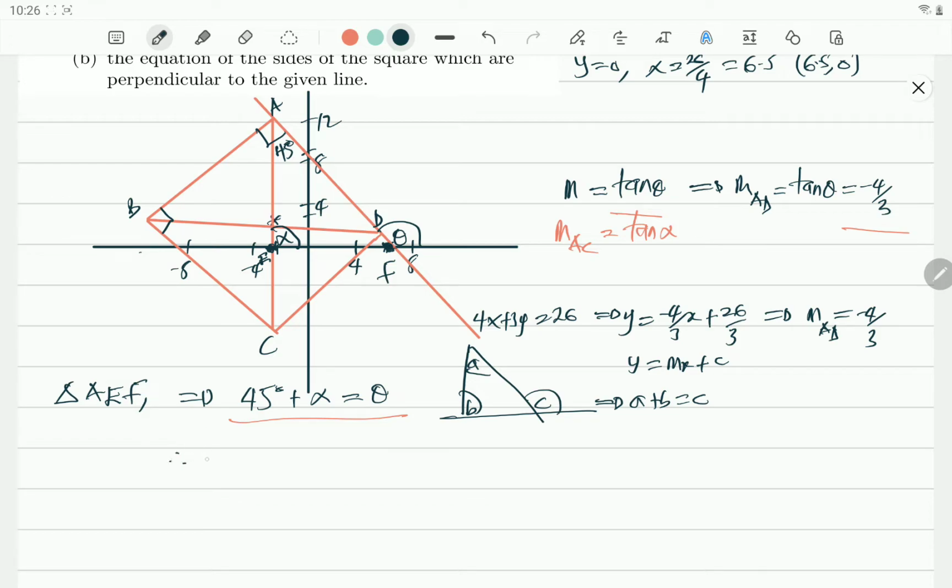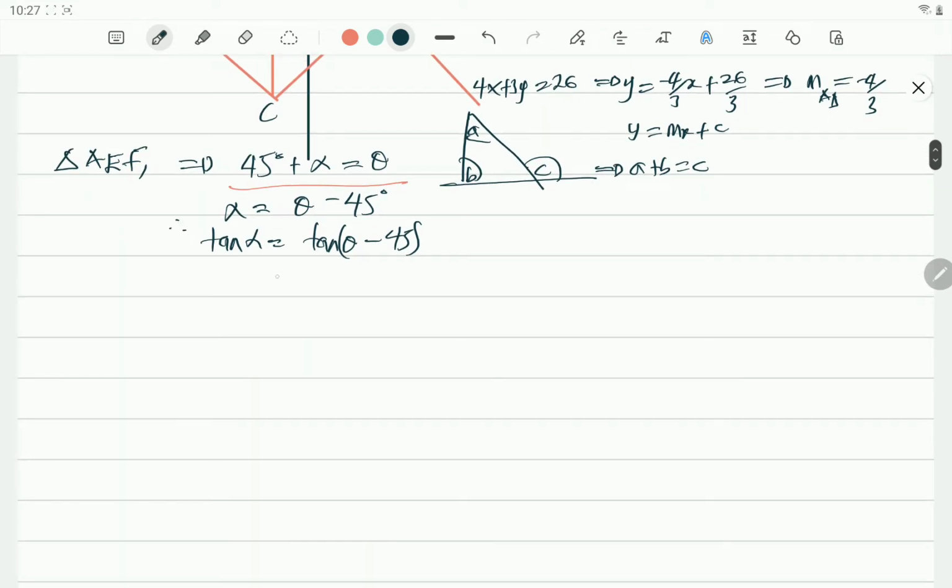So therefore, I'm going to make alpha the subject. So therefore, alpha is equal to theta minus 45 degrees. Sorry, I just made a mistake. Alpha is equal to theta minus 45 degrees. I now apply tan at both sides, so I have tan alpha is equal to tan of theta minus 45.